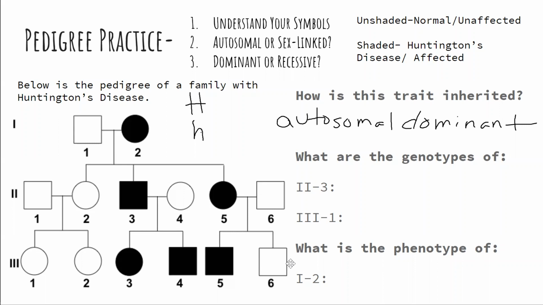So if it's dominant, that means the capital H must code for what? Huntington's. Because remember, capital letters in genotypes denote dominant alleles for the trait. So I'm just going to put Huntington's. So that means if you have 2 lowercase h's or a lowercase h, that means you're normal.